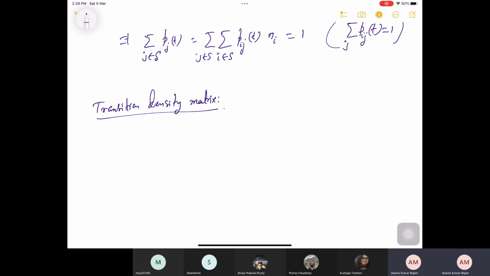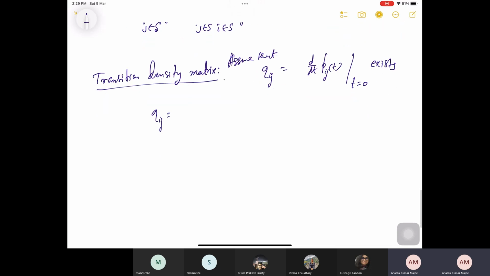Suppose you assume that this quantity Qij is nothing but the d/dt of Pij(t) at t equal to 0, so it exists. Assume that. That is your Qij.